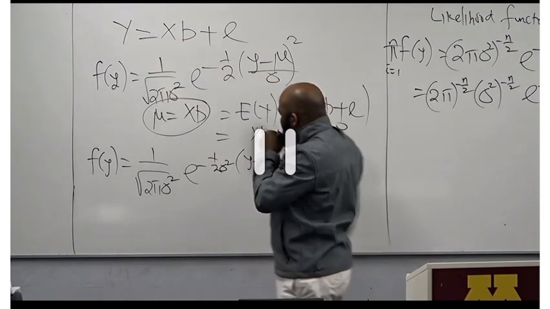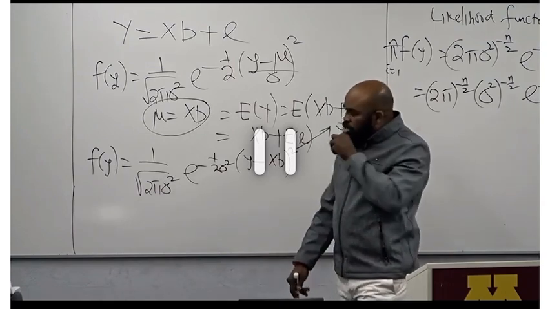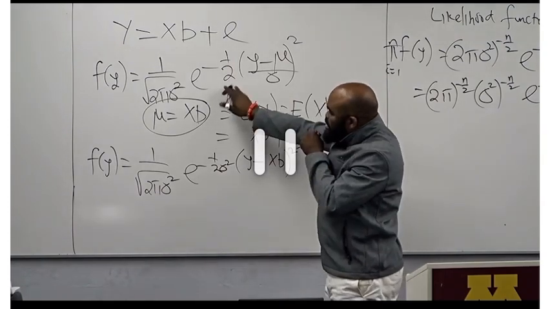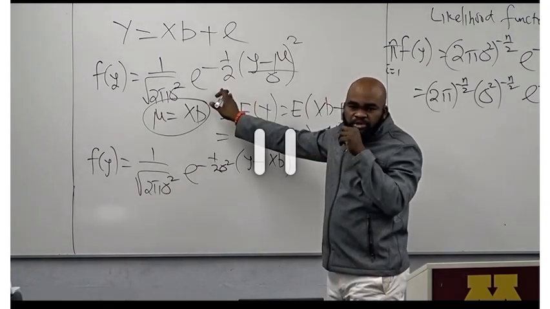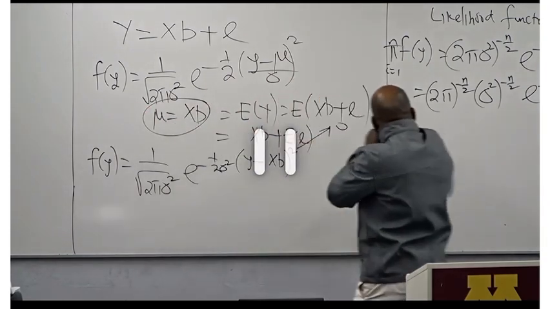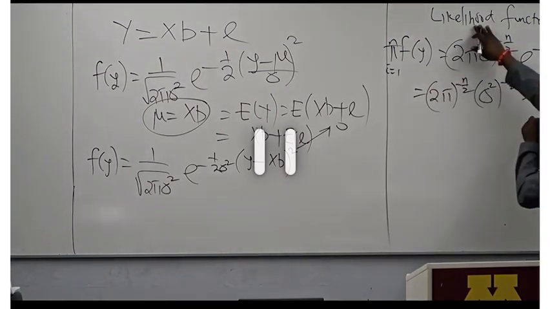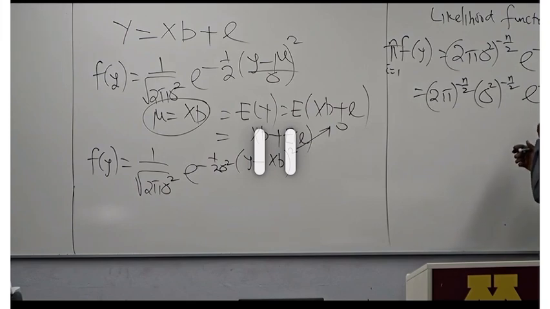This is the response, and I want to use the method of maximum likelihood. I'm assuming a normal distribution for the response. If this is a log likelihood function, then I want to maximize it, and because of that, I'm going to introduce a log.